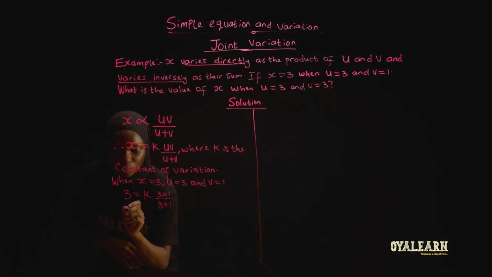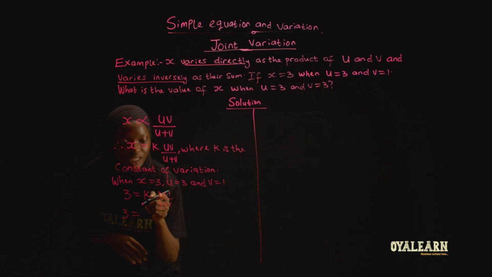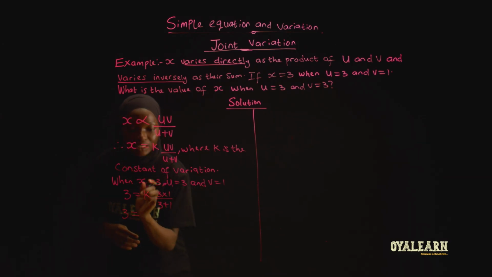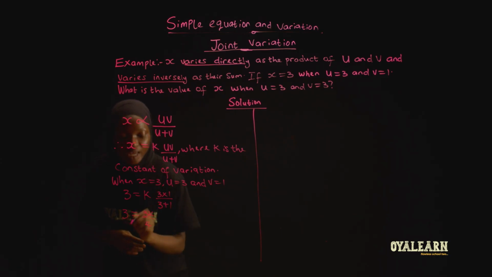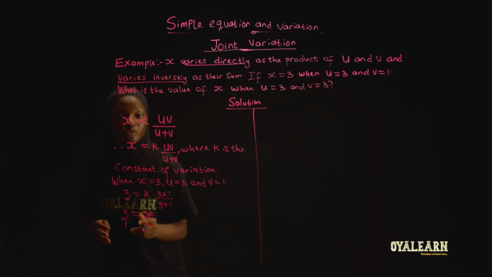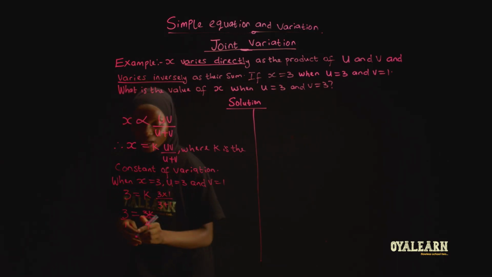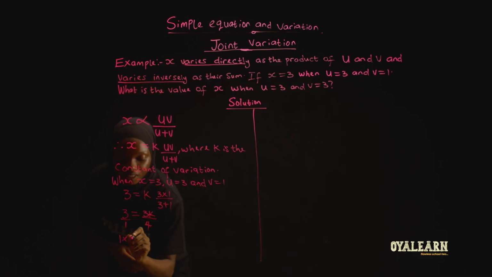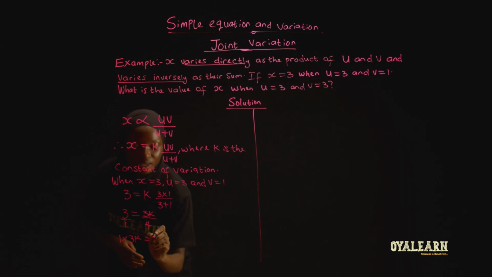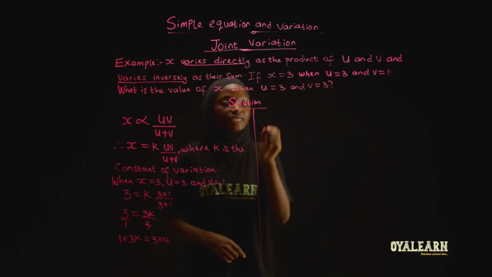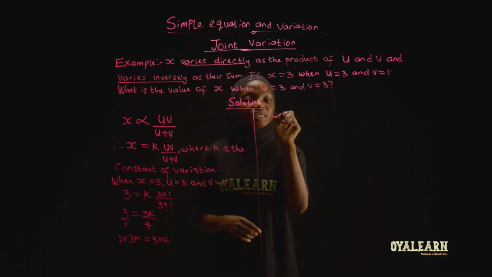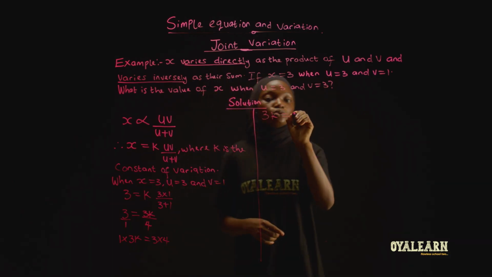So when you simplify this, you have 3 equals 3 times 1, here you have 3, and it's multiplying k, so you have 3k over 3 plus 1, 4, and then having 4 over 1. So from here we can cross multiply: 1 times 3k equals 3 times 4, that is 12.